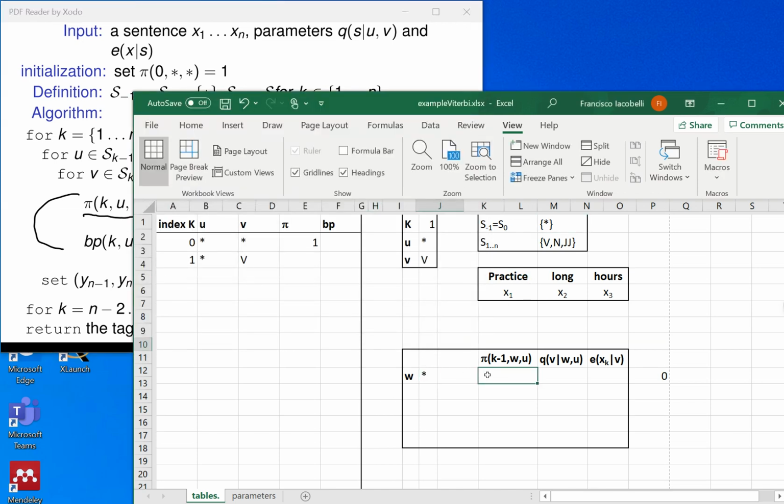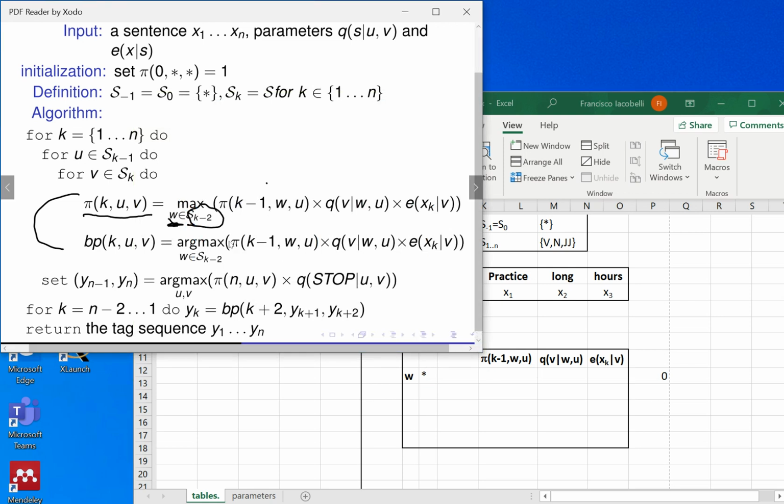And then we're going to compute pi of K minus 1 WU, which you see here in the Excel spreadsheet as well, Q of V given WU, which you also see here in the spreadsheet, and E of XK given V, which you also see here on the spreadsheet. So I put them on the spreadsheet for simplicity, but the spreadsheet has the same things that you would have to compute. So let's do this. Let's begin.